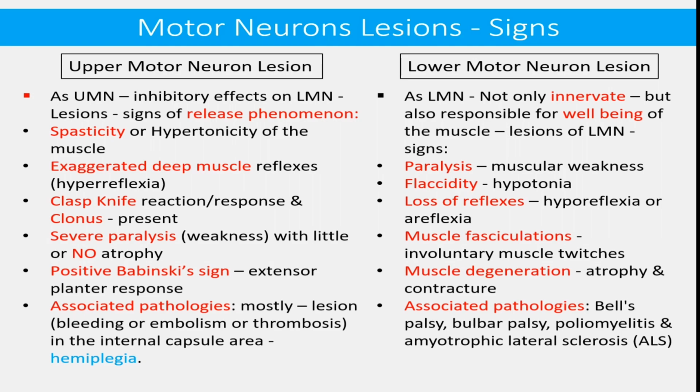The associated pathologies of lower motor neuron lesion are seen in the shape of Bell's palsy, bulbar palsy, poliomyelitis, and amyotrophic lateral sclerosis.